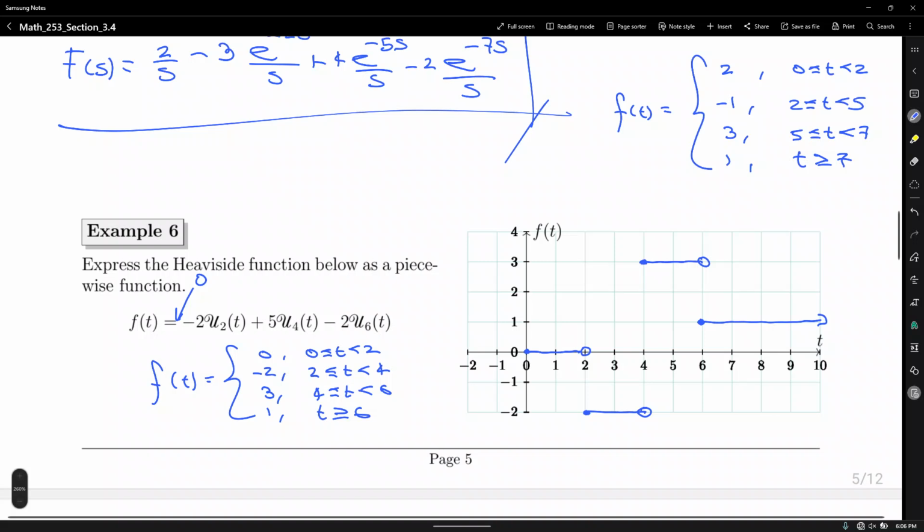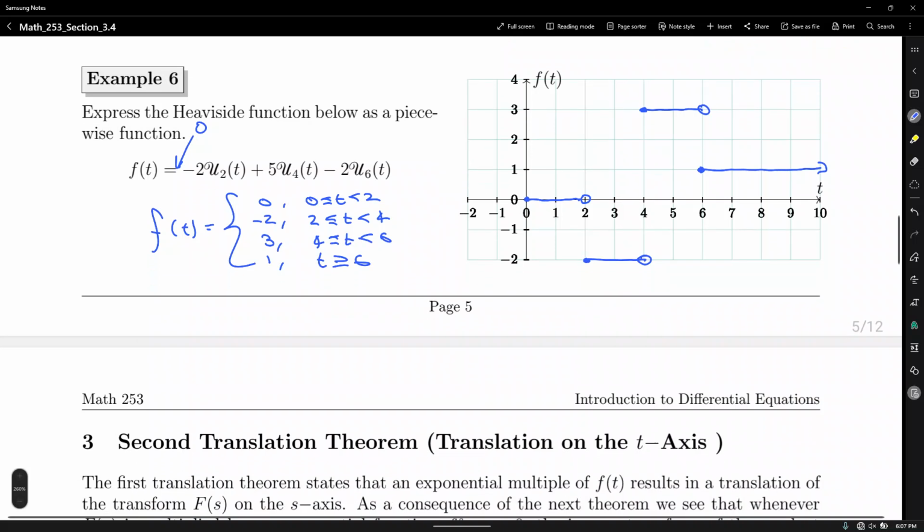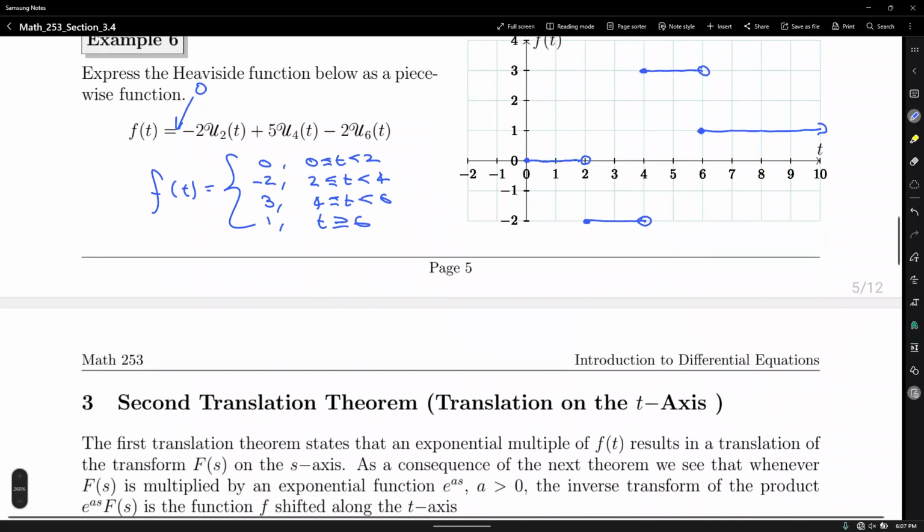So far, up to this point, we have found Laplace transforms of nice and smooth continuous functions between zero and infinity, like the elementary functions such as polynomials, exponentials of base e, sines, cosines, and their corresponding hyperbolics. We're going to get into other weird functions in this case.